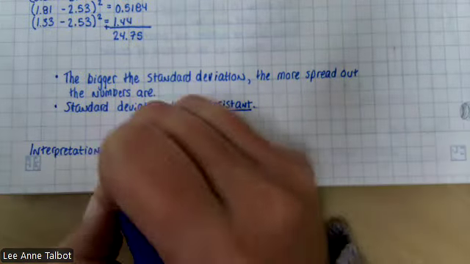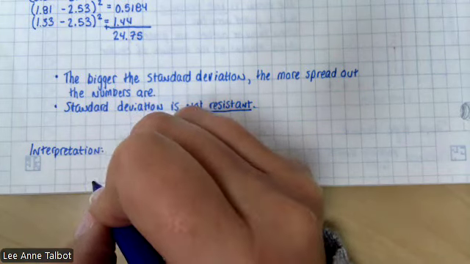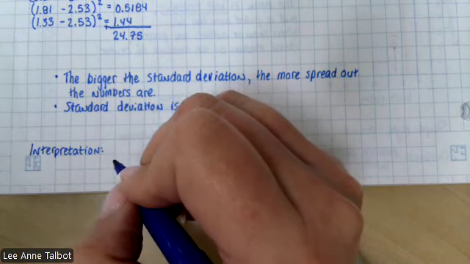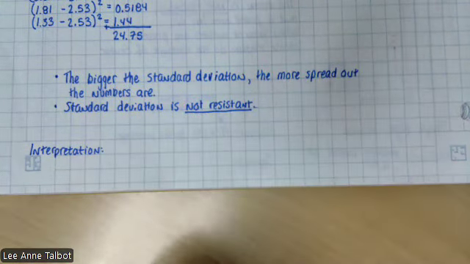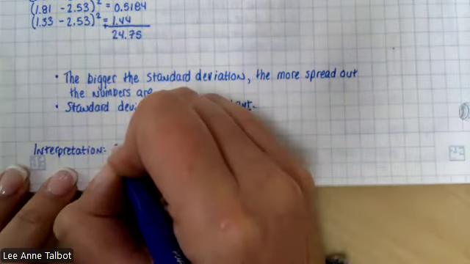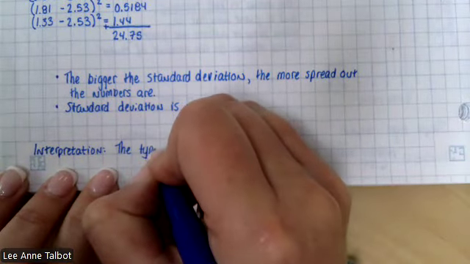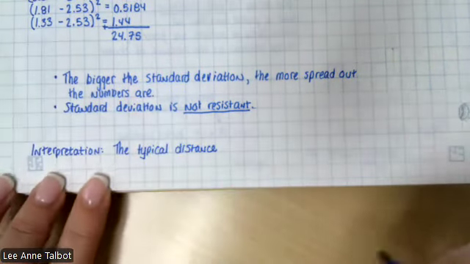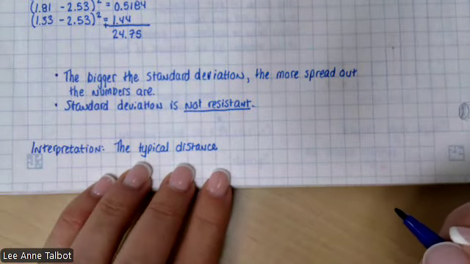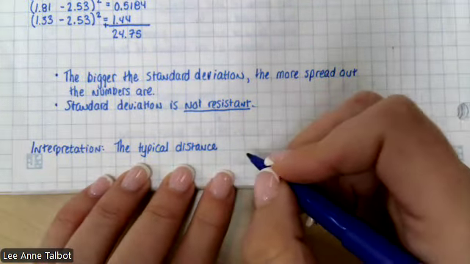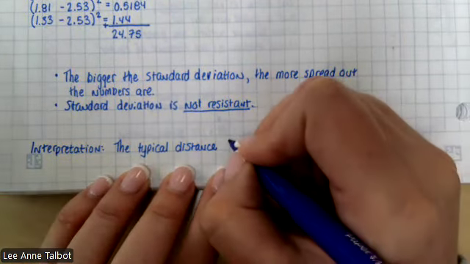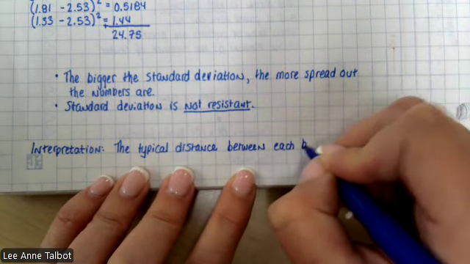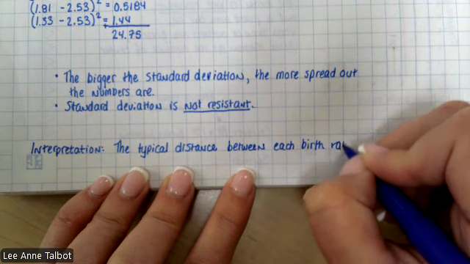Okay. And when you're talking about standard deviation, you're going to be asked a lot of times through the whole school year to interpret standard deviation. And what does it actually mean in the context of this particular problem? Okay. Our interpretation is going to start with the typical distance between each birth rate.